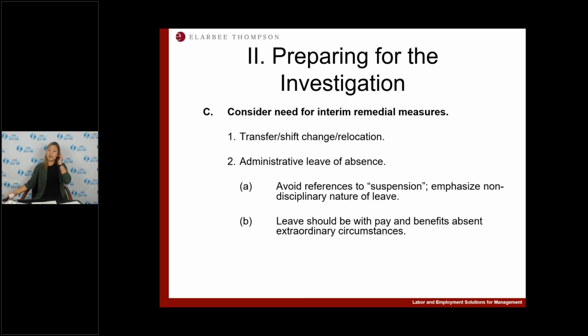Certainly, an administrative leave of absence is a possibility. In that sense, you need to emphasize that it's non-disciplinary and that it is with pay and benefits. Absent very, very extraordinary circumstances, leave should be with full pay and benefits.